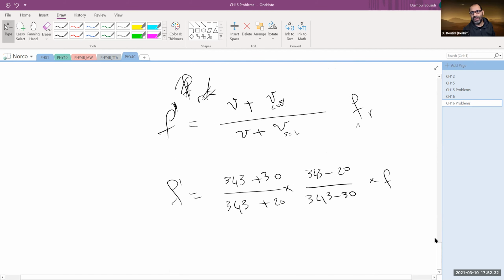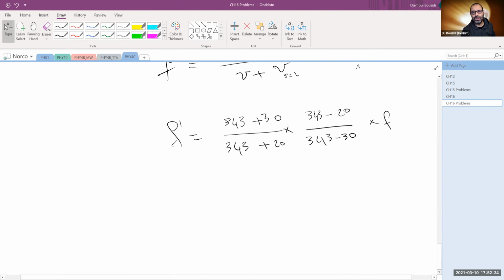So let's plug in the numbers and see if indeed we get that, okay? So I expect this number, this is 2000, by the way, this is the original one. So let's do the math in here. You can do some algebra, numerator, denominator. So 343 plus 30, that's 373, times 343 minus 20, that's 323, okay?